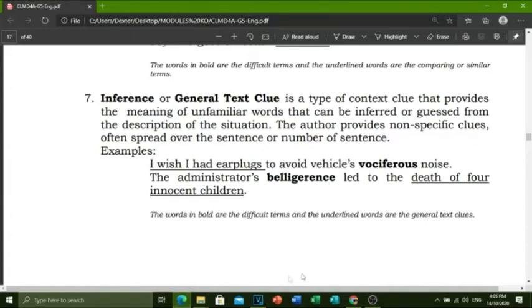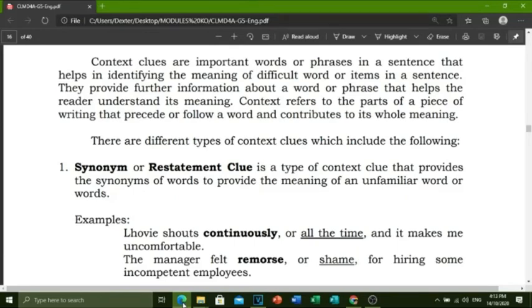So based on the clue given, we can say that vociferous means loud noise. Get it? Okay.